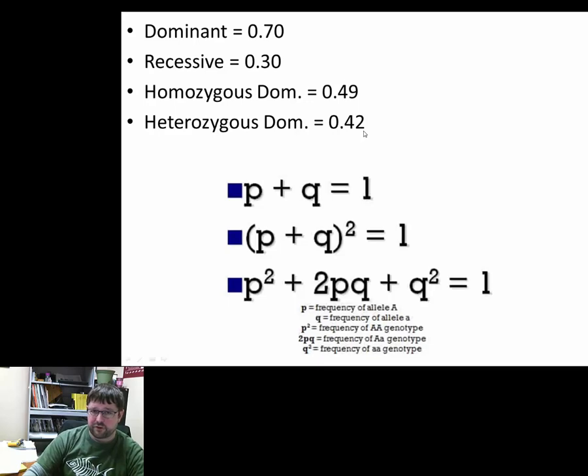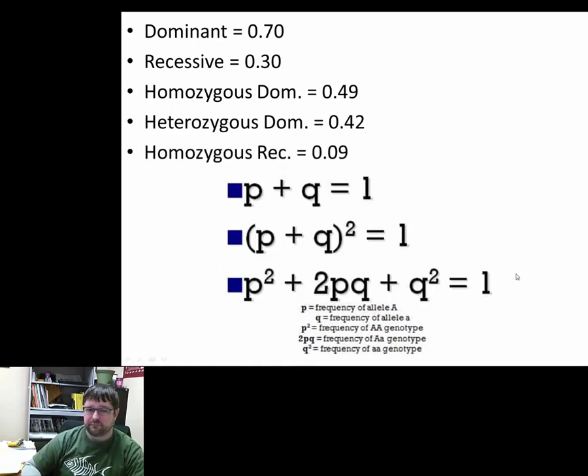And then maybe we're interested in how many are recessive. It's about 9%. And that's how the Hardy-Weinberg equation works, to predict how the population is shifting, or what portion of the population is heterozygote, what portion is homozygote recessive, etc.